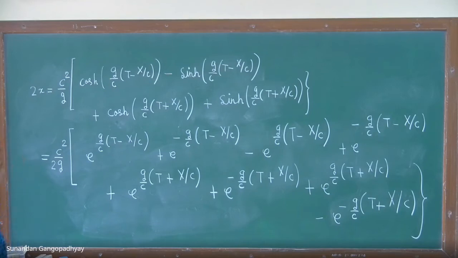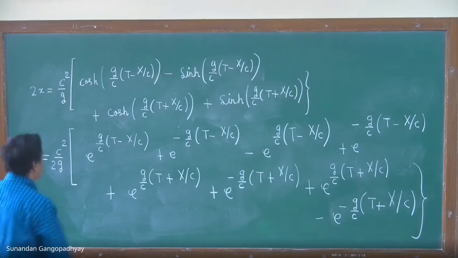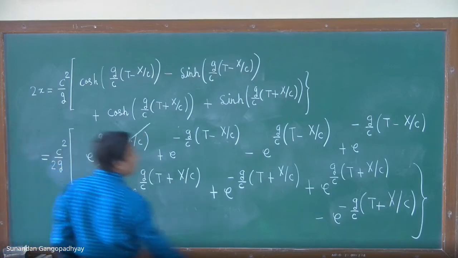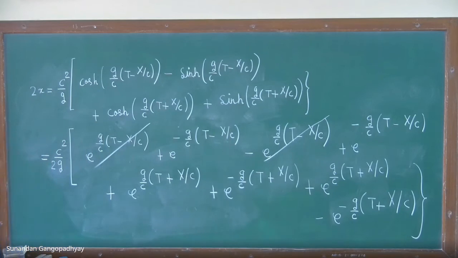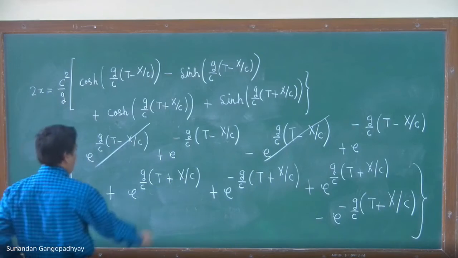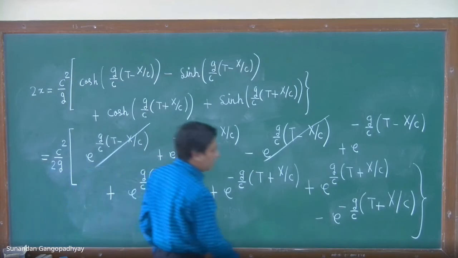So there should be some cancellations now. You can immediately see that this term cancels this term, and this term cancels with this term, and there should be another cancellation. The last term will go with this one, right?